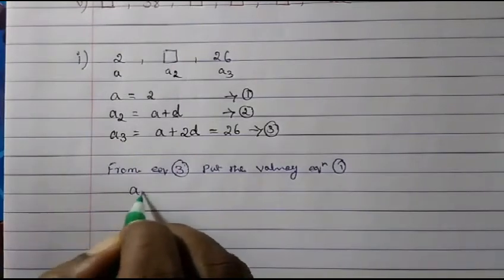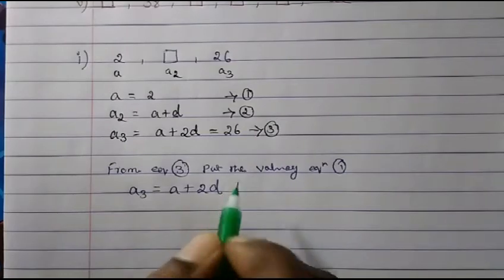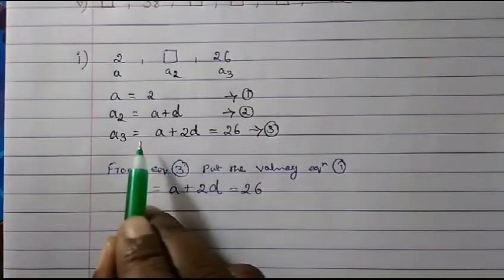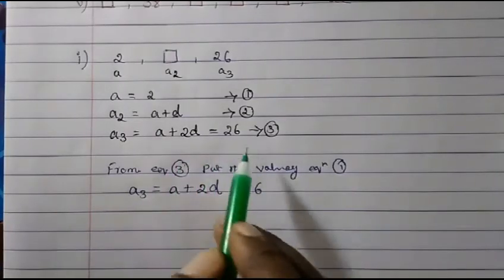So A3 is equal to A plus 2D, which is equal to 26. A3 is given to us.